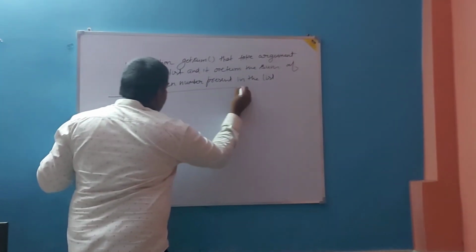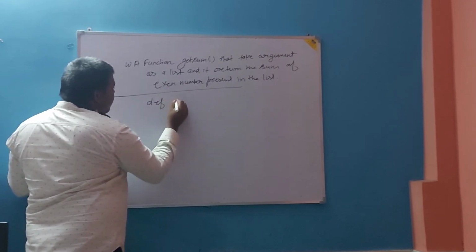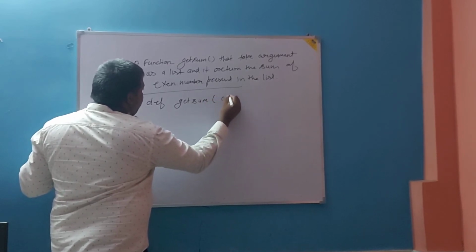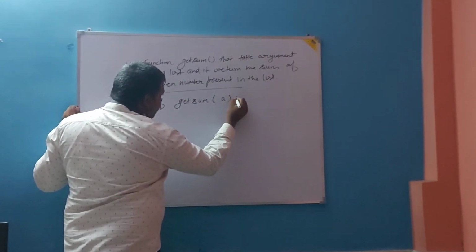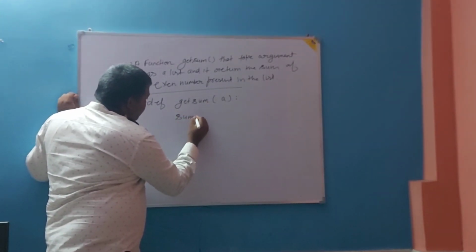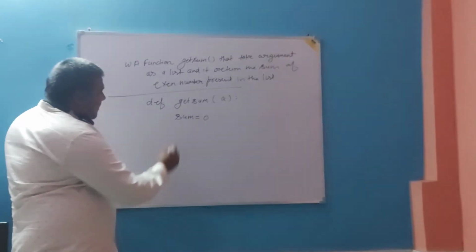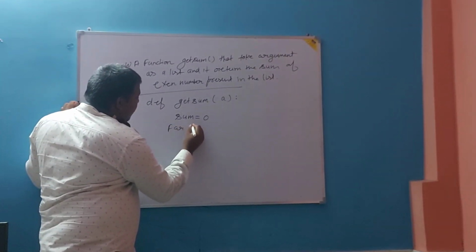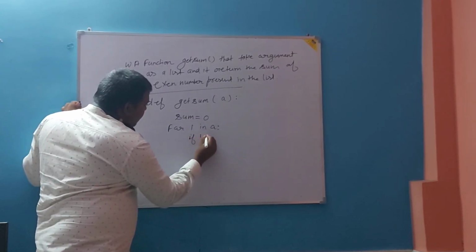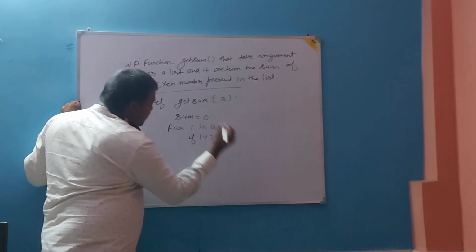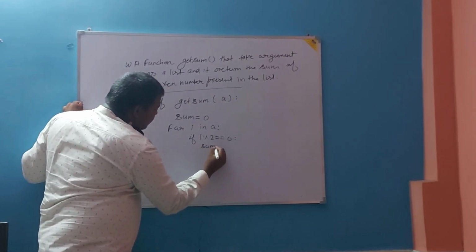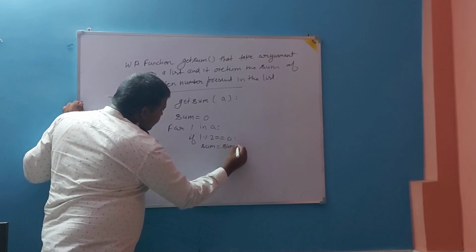So look here. We will write def get sum, and we pass a as a parameter. Here I need one variable sum, so I will declare sum is equal to 0, and then I will write for i in a, and then I will check if i modulus 2 is equal to 0, then sum is equal to sum plus i.